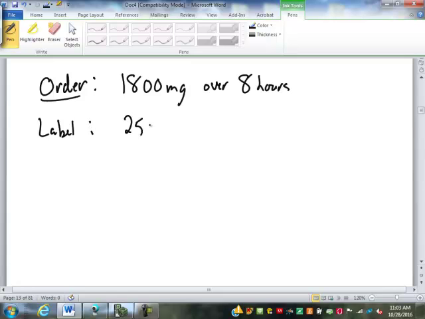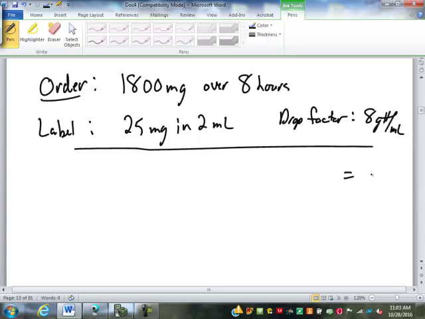Our label is 25 milligrams in 2 milliliters, and a drop factor of 8 drops per milliliter. So give this to me in drops per minute.